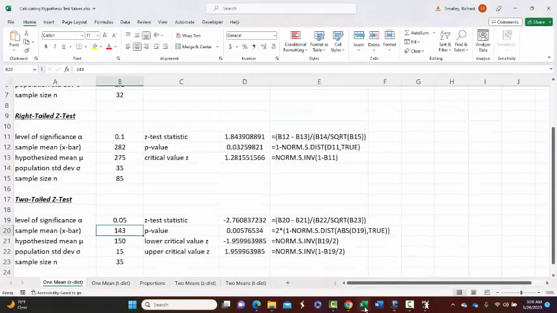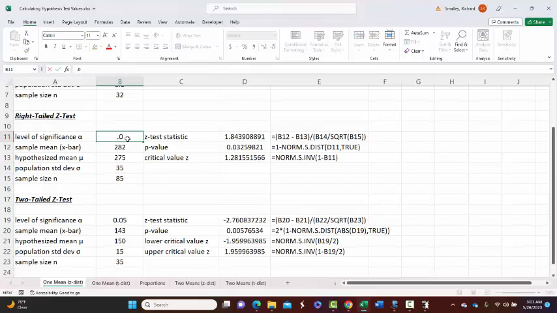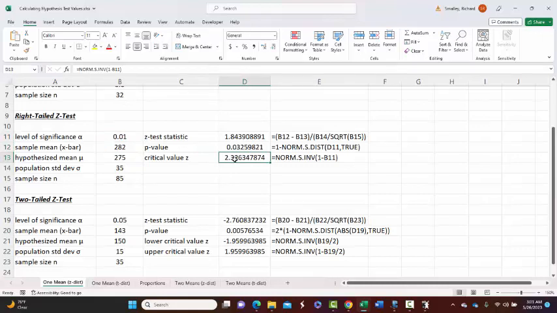You don't have to use that command I used right there. And there it is, 2.326.